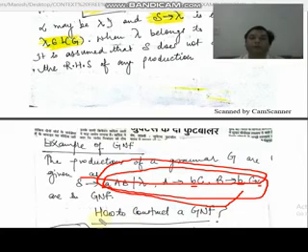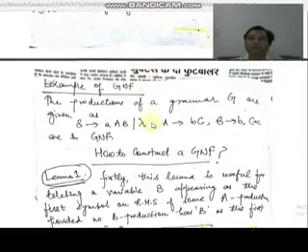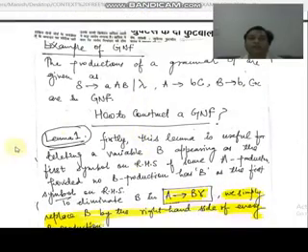So the important point is how to construct a GNF, that is a Greibach normal form. There are basically two lemmas, or corollaries, which are useful for converting a given grammar or a given production rule into a Greibach normal form.